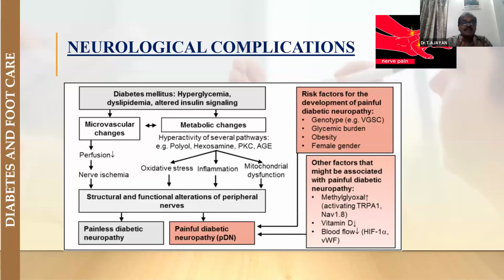If structural or functional changes happen to the peripheral nerves, there are two types of clinical presentation: painful diabetic neuropathy and painless diabetic neuropathy. For the risk factors for the development of painful neuropathy, there is a relationship with the genotype, but the major reasons for the neurological complication are the microvascular changes and the metabolic changes.